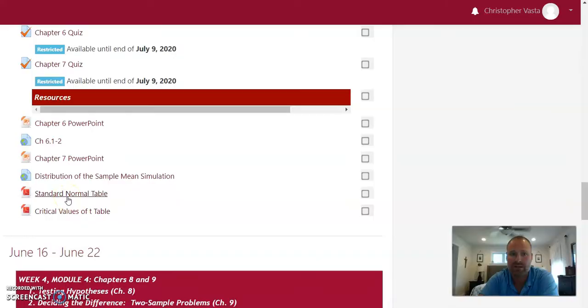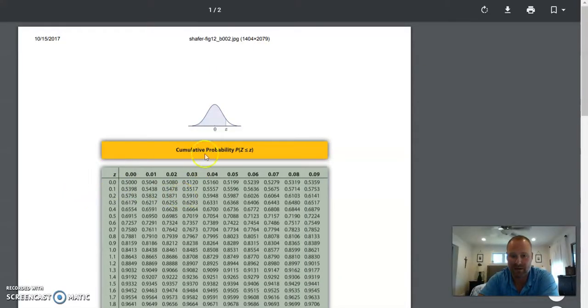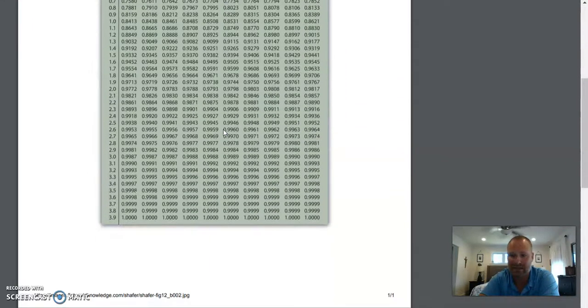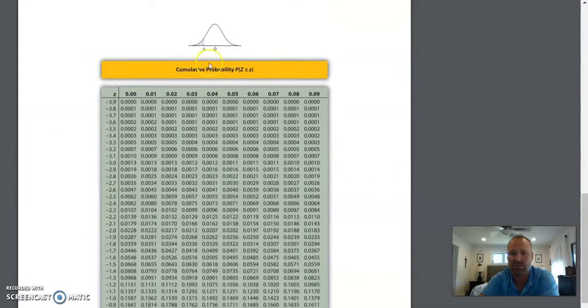So if you were to click that standard normal table, what's going to come up is a PDF, and you'll see the little chart or graph up here that shows us that this table is going to represent the values that are less than z, further to the right on the bell curve. This is not the chart that we want to work on, because remember, we're using tail ends. And so the tail end would be down here, and notice there's only a chart for the tail end to the left, which is fine.